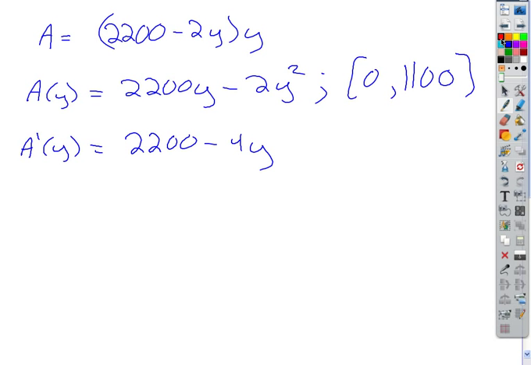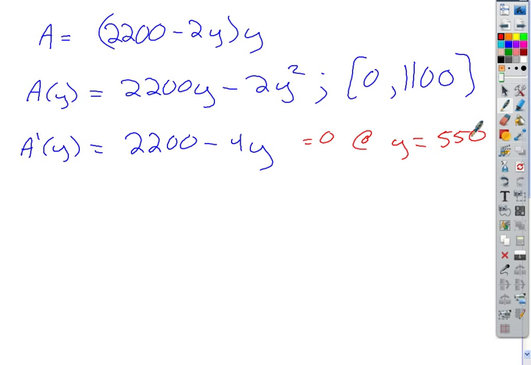It would equal 0 at y equals what? 2200 divided by 4, since 4y would have to equal 2200 for that to subtract to 0. So 2200 over 4 would be 550. So there's our one critical number, at y equals 550.